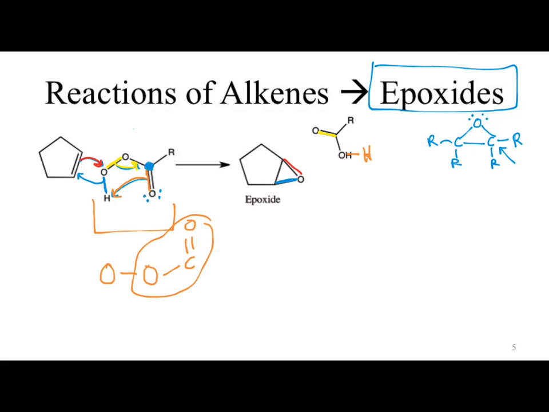There's our acid portion. There's our peroxy portion. And the hydrogen's just chilling. Okay? So if you see that functionality, you should immediately be thinking epoxides. It's going to react with a double bond to form that epoxide product.